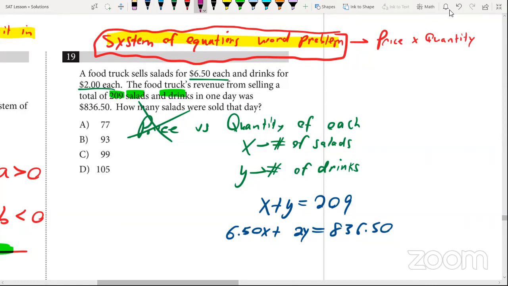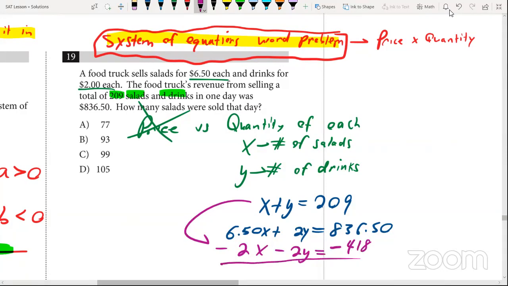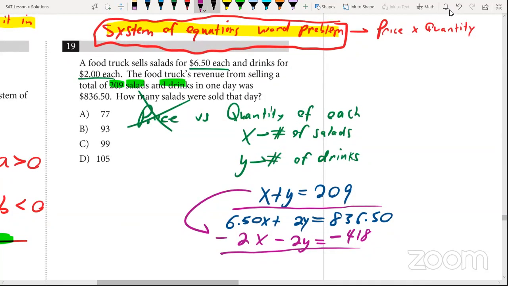Now it's just a system of equations question of how to solve. For me personally, I might multiply the top equation by -2. -2x minus 2y equals -418. And now add these two equations to one another. 6.5 minus 2 is 4.5.